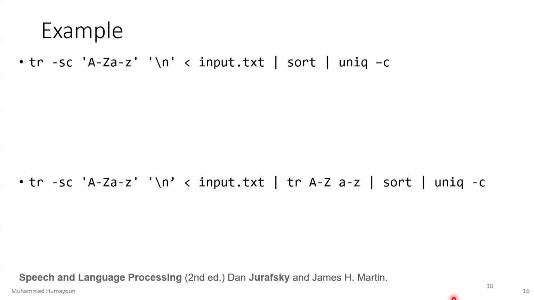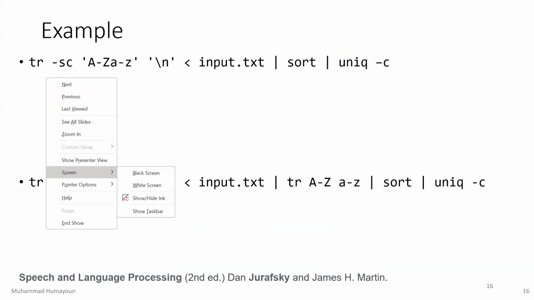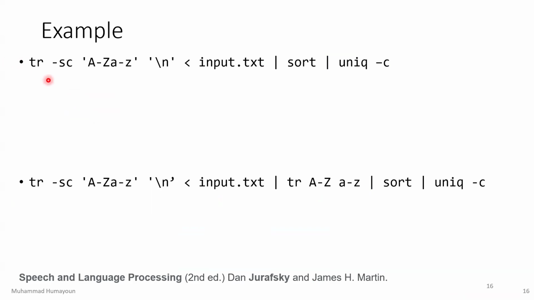Now I'm going to explain how this works. This tr is the translate command. What it means is translate with minus sc. S means successively: if the inputs appear next to each other, successively translate them.